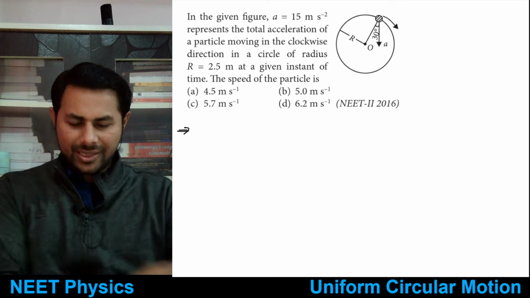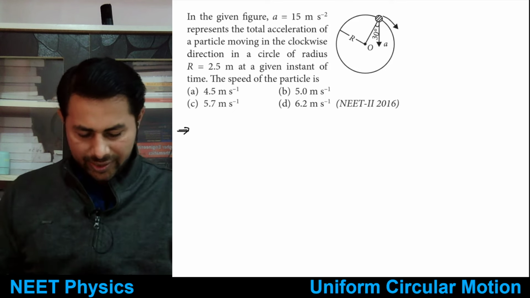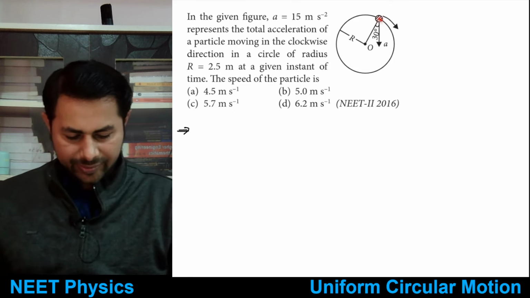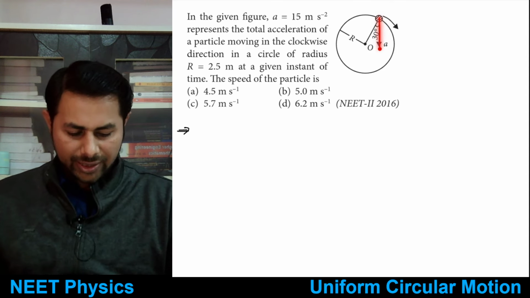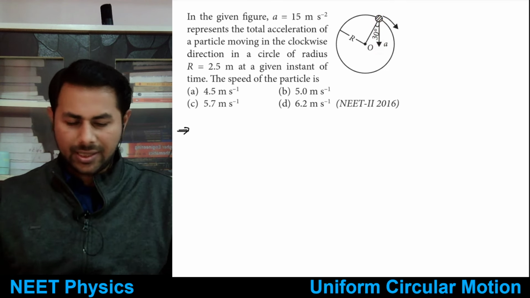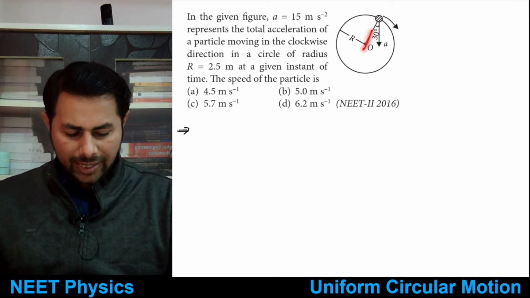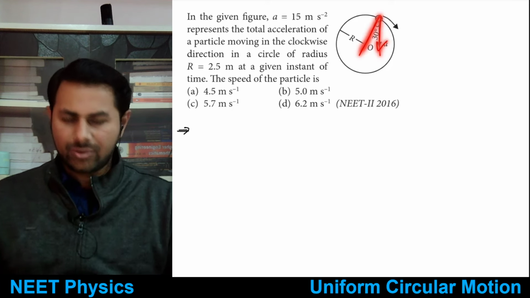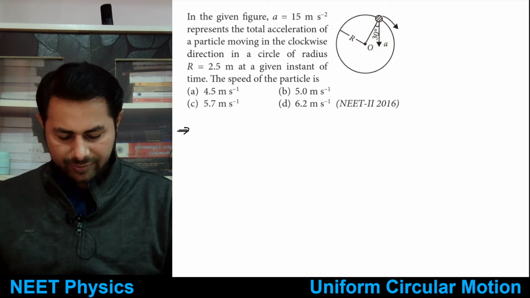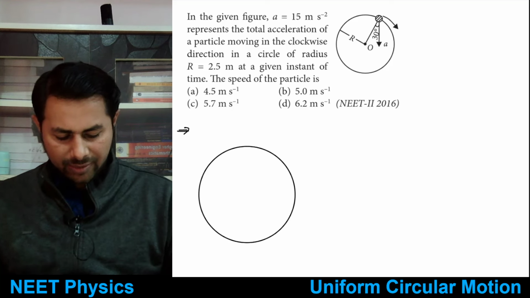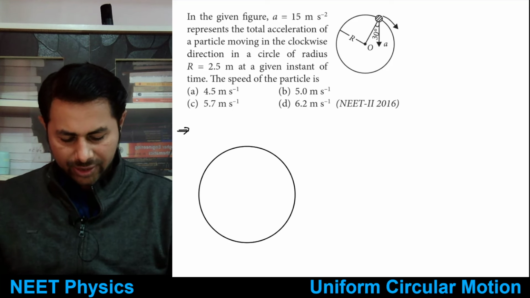All right, so let me tell. See, this object is moving in a circle and its total acceleration is directed like this. So, the angle between the radius and total acceleration is given, right? The angle between radius and total acceleration is given.